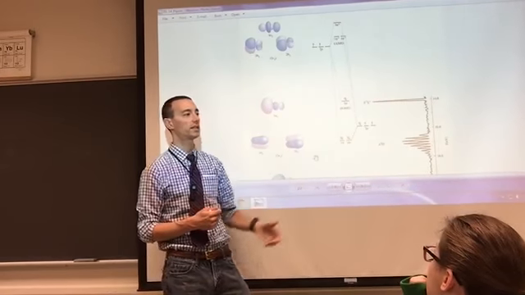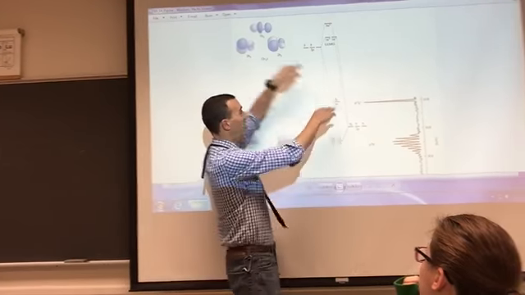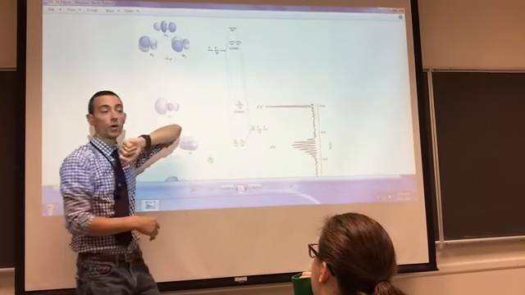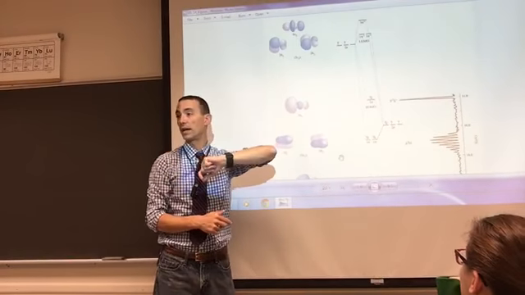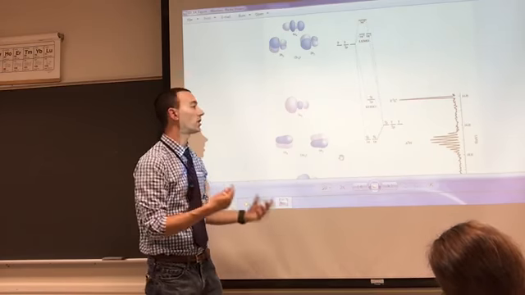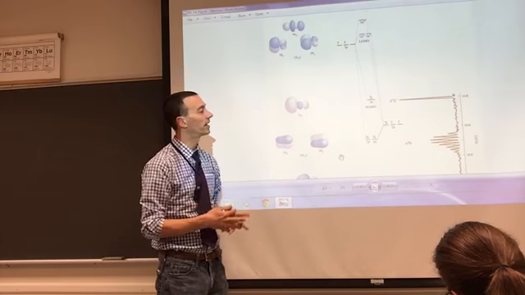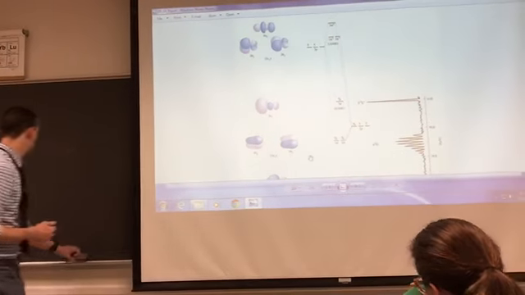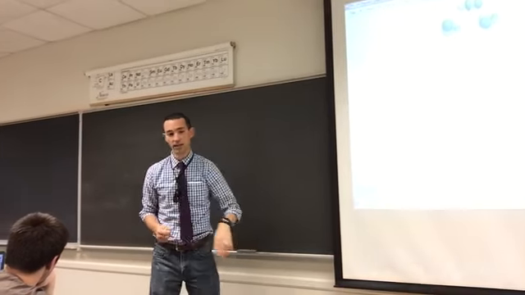It's a qualitative way of understanding how far apart is too far apart for them to interact, which is one of the criteria we talked about for MOs to form, and what sorts of shapes or symmetries are allowed to interact with one another. So I think that's kind of what I wanted to say as a stage setter for this.